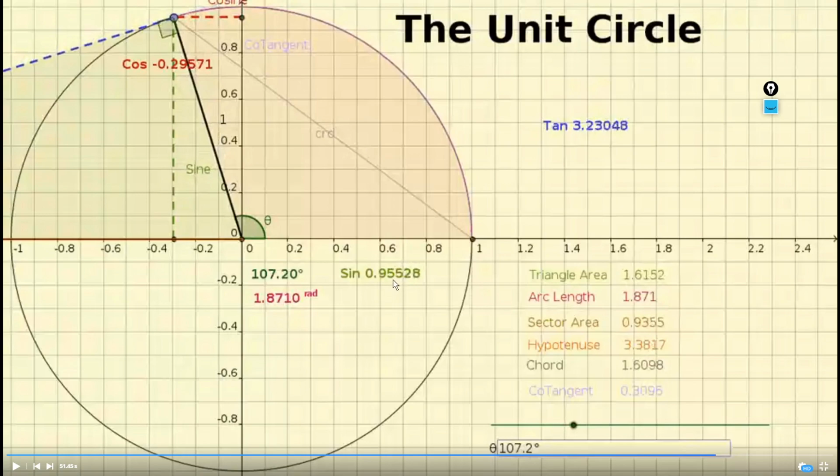I'm not perfect enough to stop it exactly at the right time. But what I want you to notice is this. There's a triangle that's being made throughout this shape. When the short side of this triangle was 3 blocks long, sine was about 0.95. And when it was about 3 blocks long over here, sine was about 0.95.